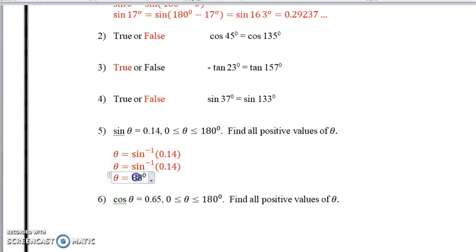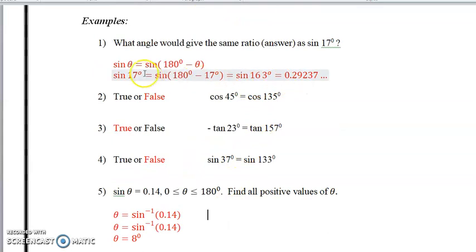Sorry about that. 8 degrees. Now, what else would give us that? Approximately 0.14, and again, it's going to be a little off. Well, try the sine of 172, let's check it.